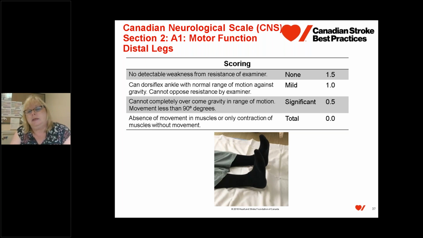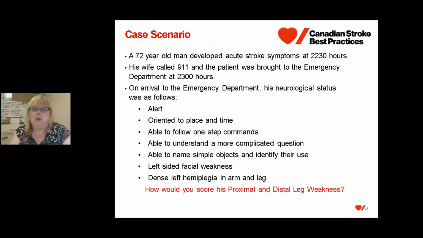The patient would have no weakness if they're able to oppose the resistance of the examiner. And again, the patient would be scored total if there is absence of movement in the muscles or only contraction with no movement.